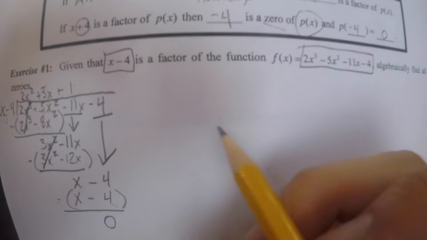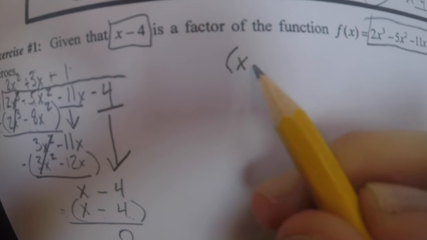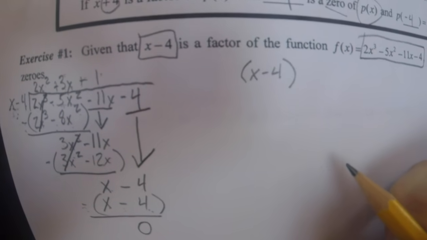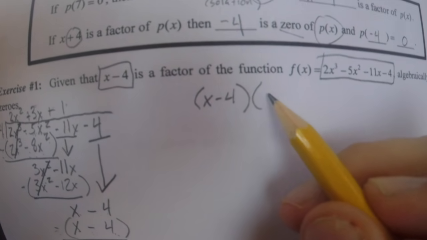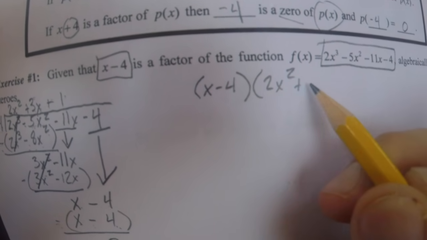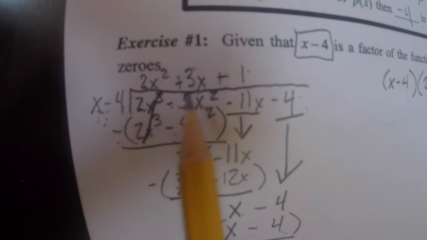Meaning, if I took x minus 4, the divisor, and I multiplied it by the quotient, 2x squared plus 3x plus 1, I would definitely get what's underneath the division sign. Okay?